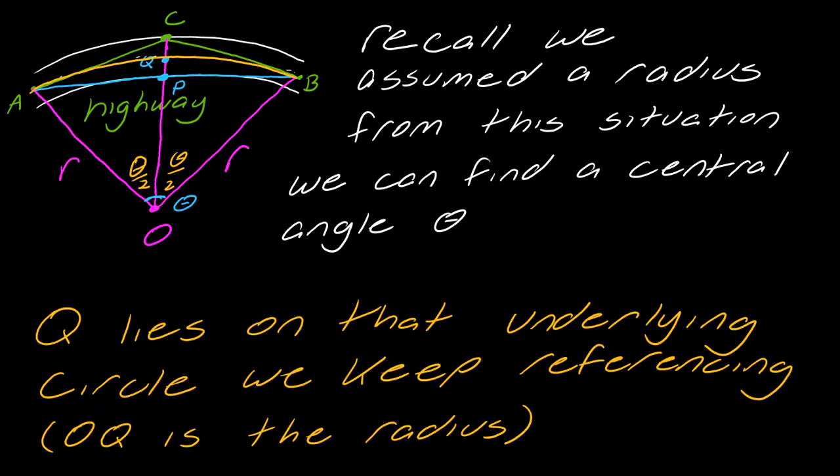The radius is actually going to be from O to Q. Remember we had that underlying circle that motivated all of this. So Q is where the center comes out to the radius. Just remember that for now, and I will keep reminding you that we have this circle going from A to Q to B.